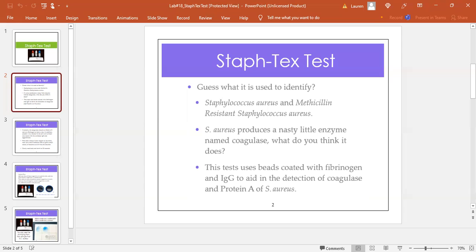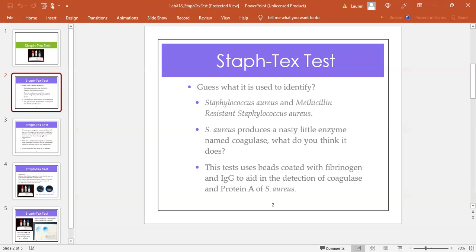And now this coagulation is sticking to the bead, that latex bead that's coming in. And we have the detection of the coagulase, and the IgG is attaching to the protein A, causing even more coagulation, and it gives us those visible dark blue dots.